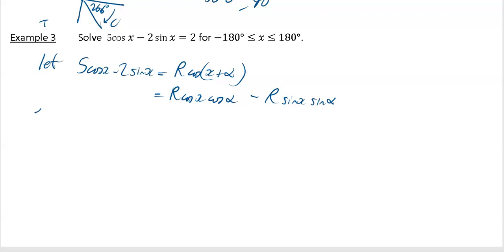Okay, I'm going to just equate coefficients of cos x, and that's going to give me 5 is equal to r cos alpha.